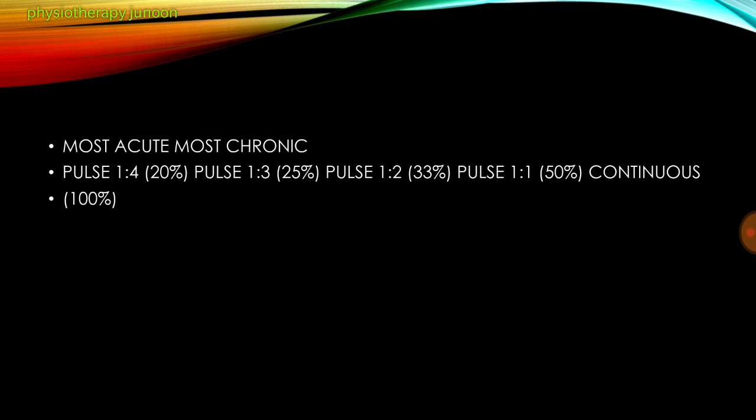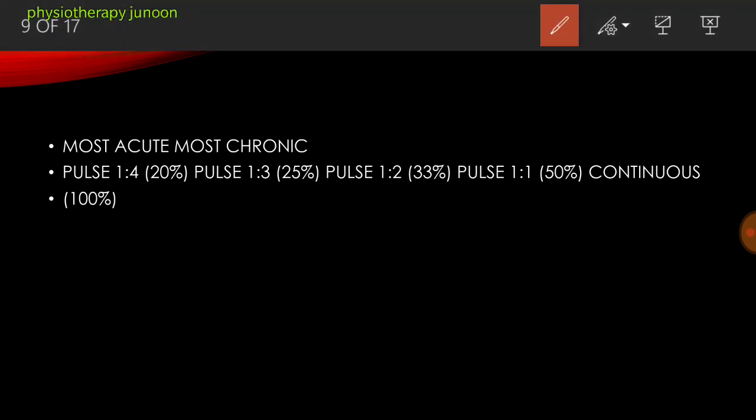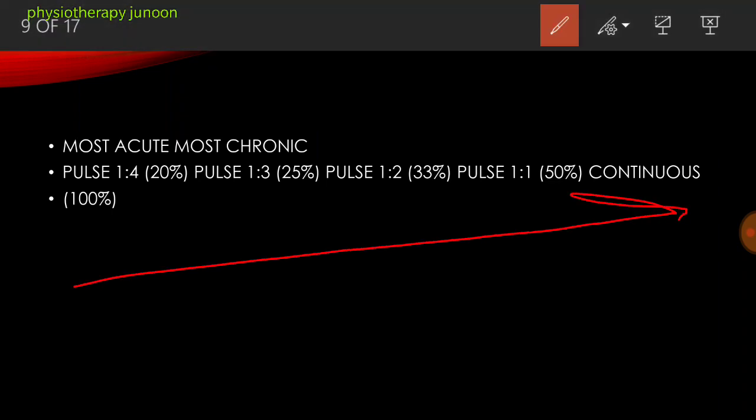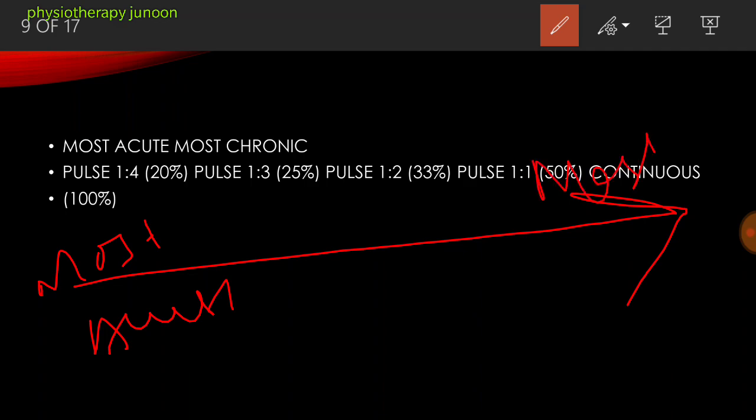Most acute, most chronic. Okay, in the most acute phase, what you see in this is a simple arrow. Here is the most acute phase, and there is the most chronic.